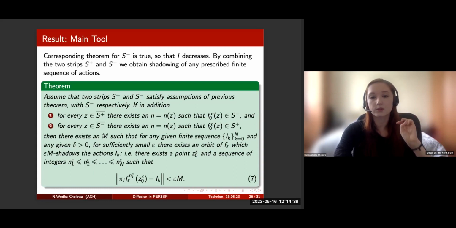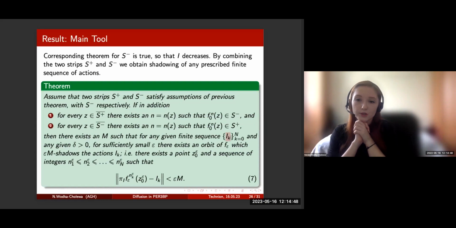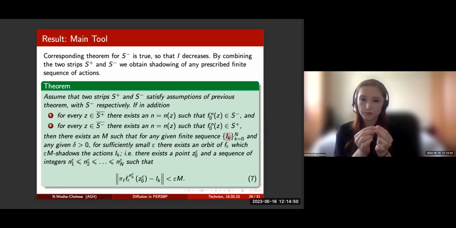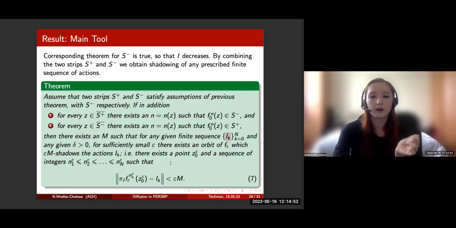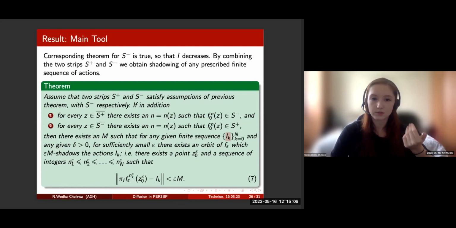So there exists m, a constant, and for the given sequence of the I, these will be our values of energy. So we have a sequence of energy values. For sufficiently small epsilon greater than 0, there exists an orbit of this f epsilon, so for our perturbed system, which epsilon m shadows these energy levels.